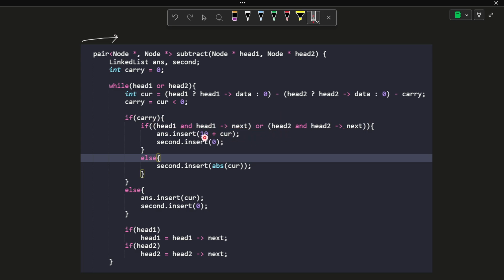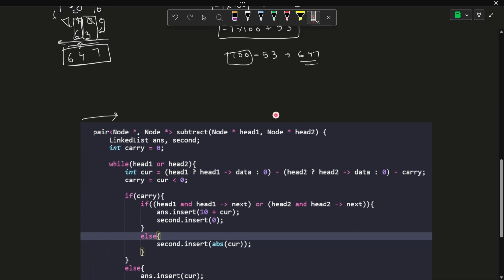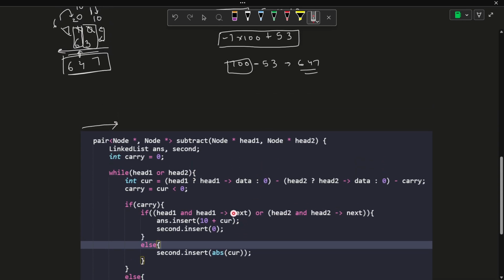So if there is a next node for either of them, what I'm going to do is insert 10 plus current in the answer linked list and 0 in the second linked list respectively. So what is going on? Basically my current is negative, and if either of them has a next node, that means I can try to borrow something. So I'm going to borrow 10 and then subtract current from it. Since current is already negative, I'm just going to write 10 plus current.